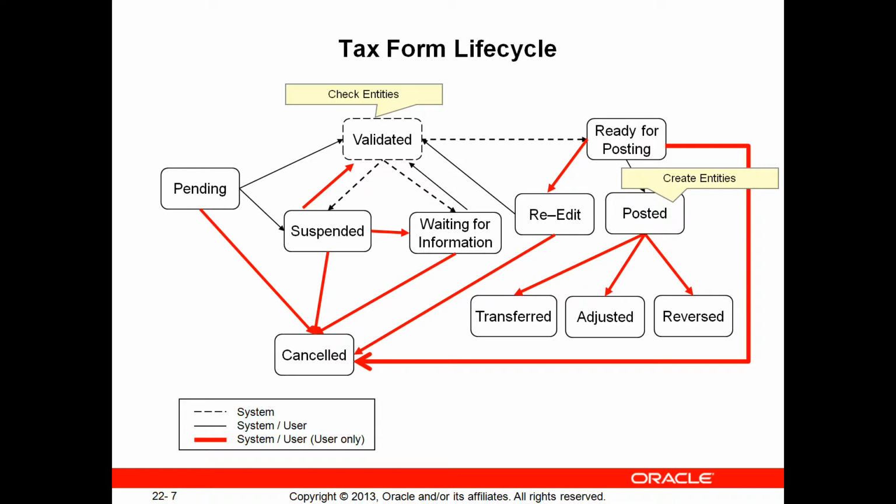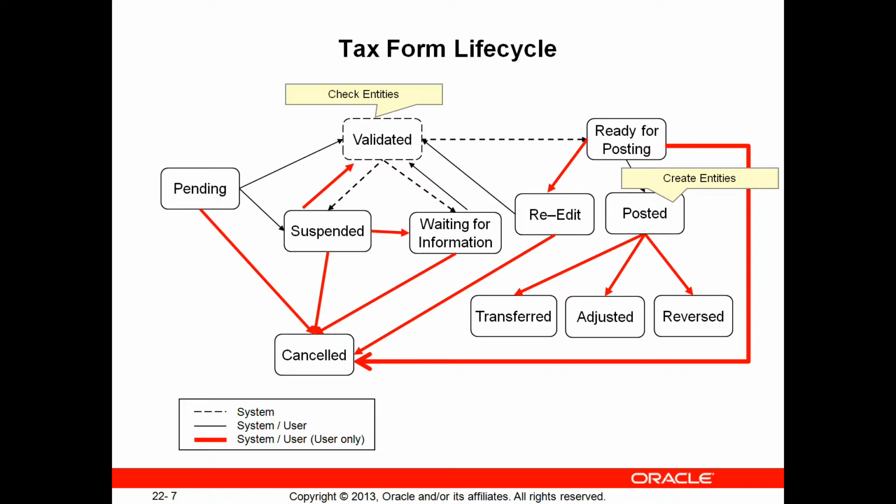But it will go to a non-ready for posting state, and then the user will have to actually edit and change the form and fix it. And what will happen is that the form will go through the validated step again, and eventually, after all the errors have been fixed, the form can go to the ready for posting step.